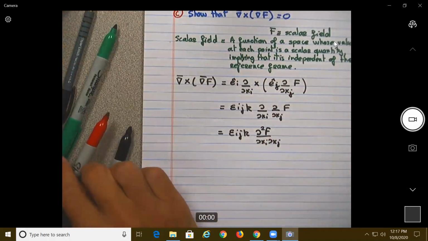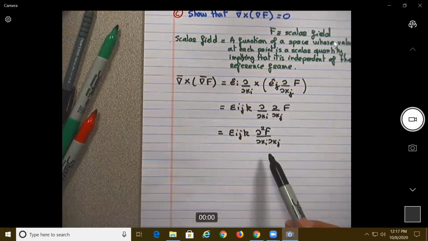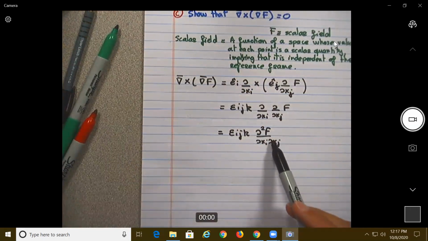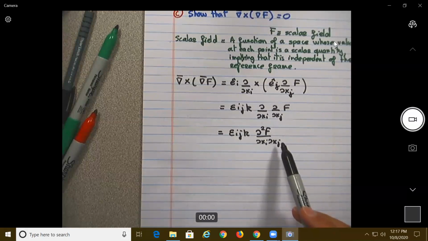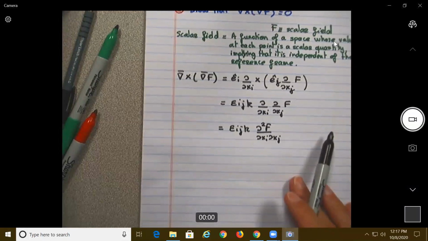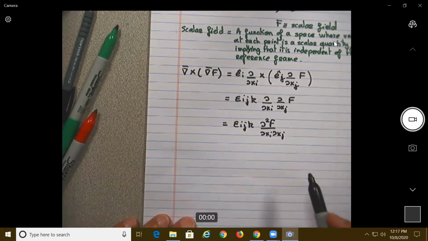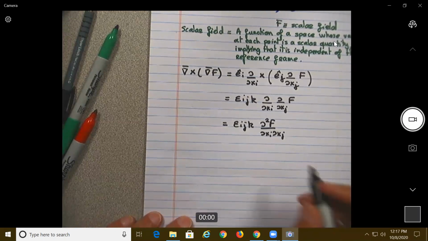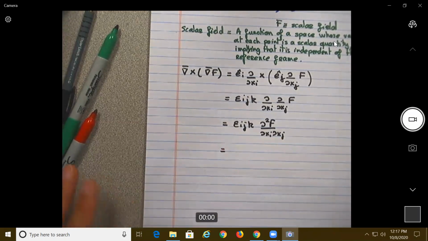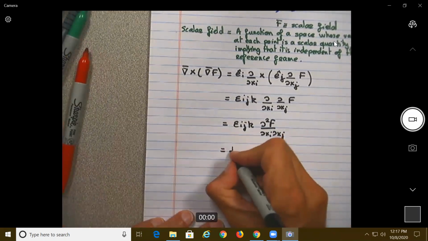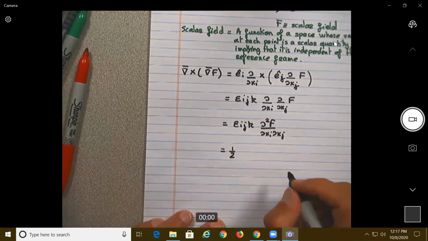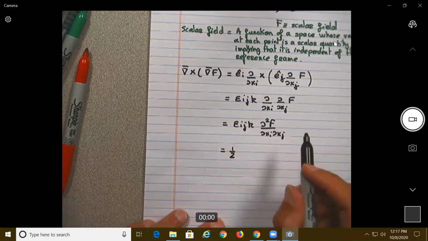What is really this derivative here? Anyone recognize this one? Right, this is 0, but this is what they call in ME548 the Laplacian, no? Remember, if the field is continuous and irrotational, the Laplacian is always equal to 0. From a mathematical point of view, we can rewrite this as being equal to 1/2.